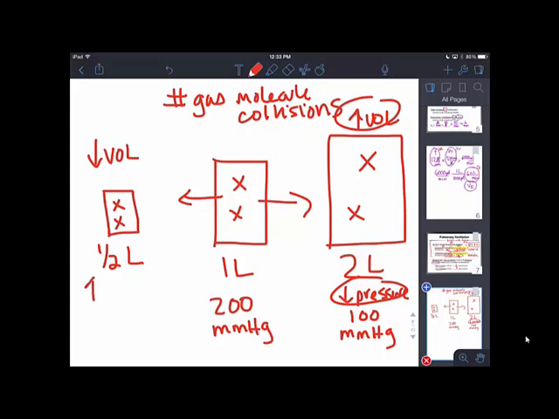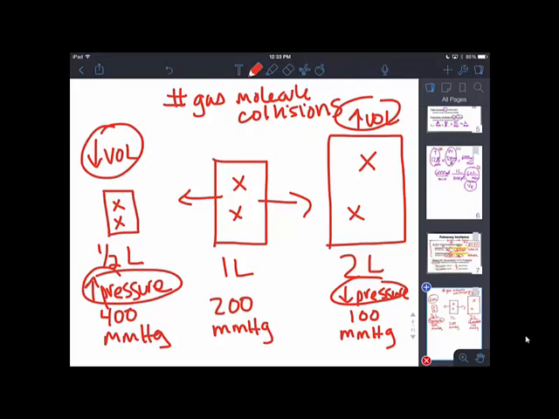So you're going to have more pressure. Since the container is half the size, we're going to have twice as much pressure. Okay? So when we decrease volume, we increase pressure.